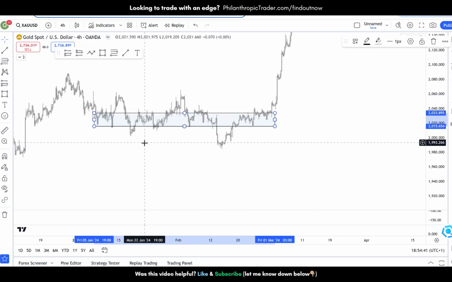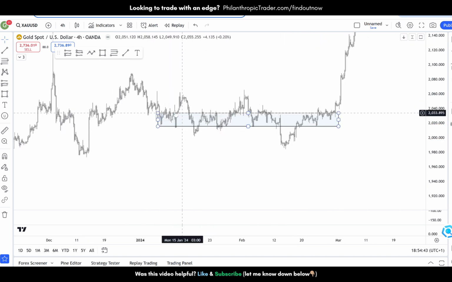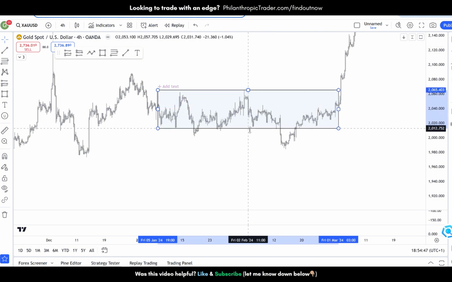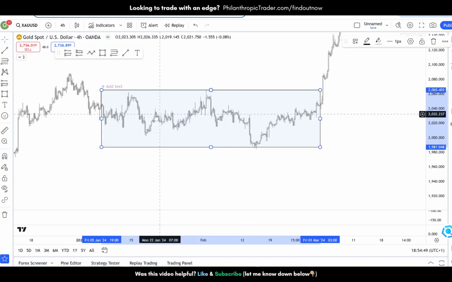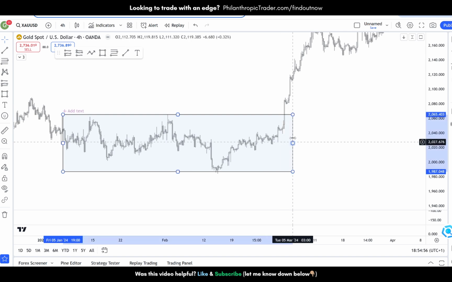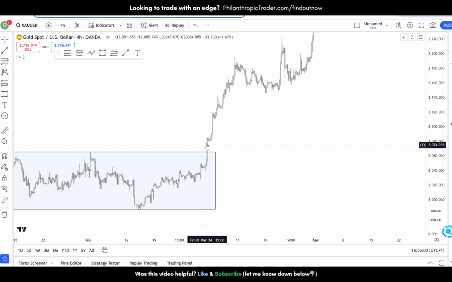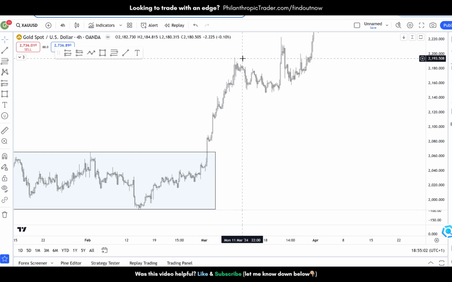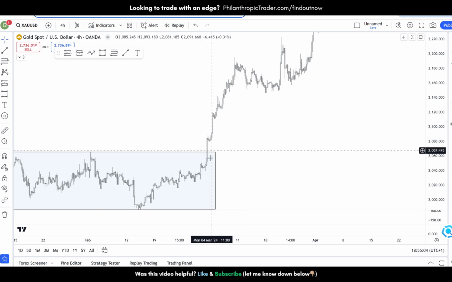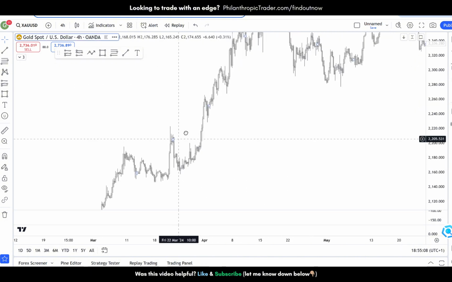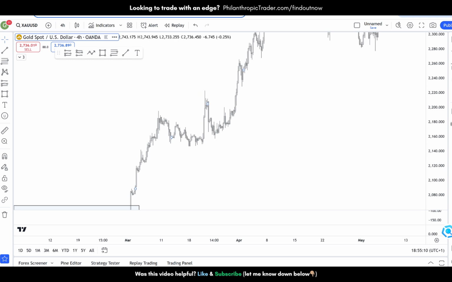So over here we have a period where it doesn't go really aggressively to the upside and also not really aggressively to the downside. So this is our ranging market phase, and then we see an aggressive buy to the upside, and then we start trending again. So this is a breakout trade if you take a buy order, and then over here this looks like a trending market, really aggressive to the upside.